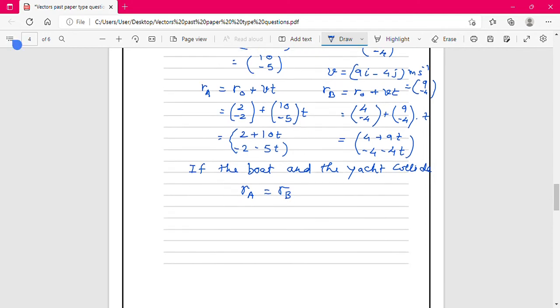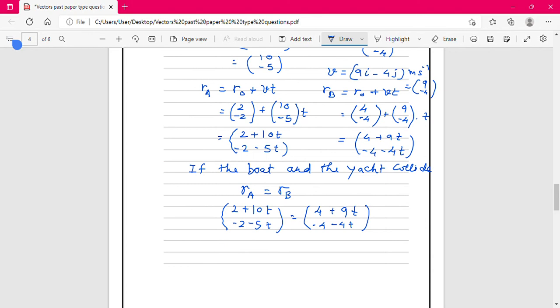Let us equate these vectors and solve and check whether that is satisfied. Obviously, if the yacht and the boat collide, after solving this I will get the same value of t. That means the vector equation is satisfied by a single value of t.